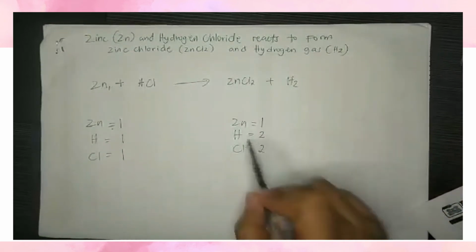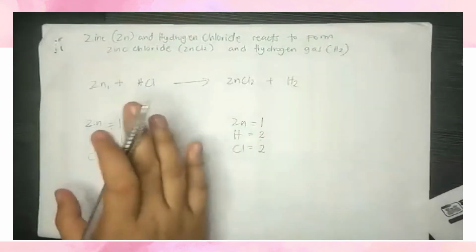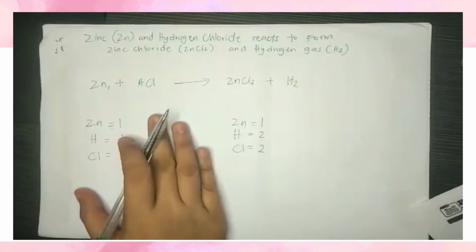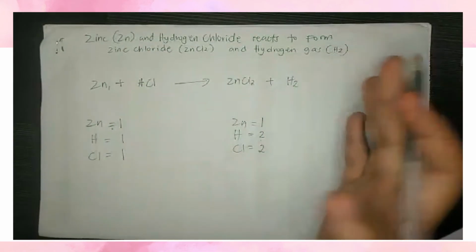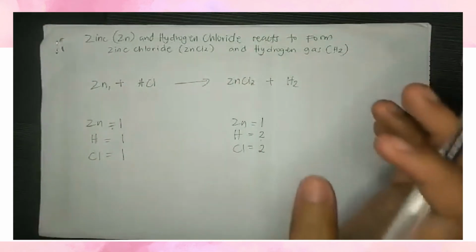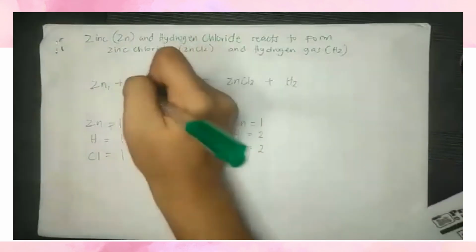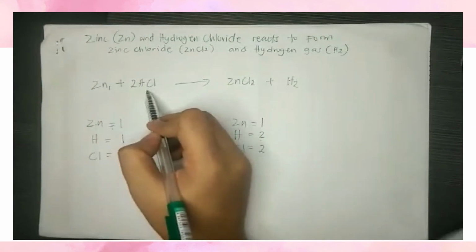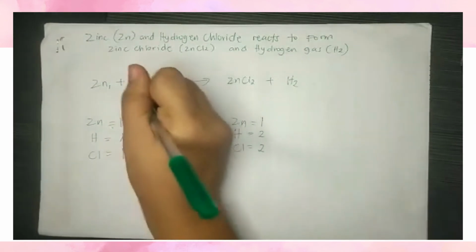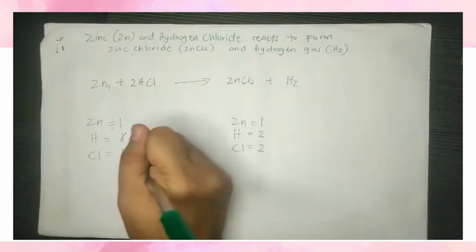It is because we have 2 hydrogen and chlorine on our product side while we have only 1 hydrogen and chlorine on our reactant side. So to balance this equation, let's try putting a 2 coefficient on the molecules of hydrogen chloride so that we will have now 2 hydrogen and 2 chlorine.